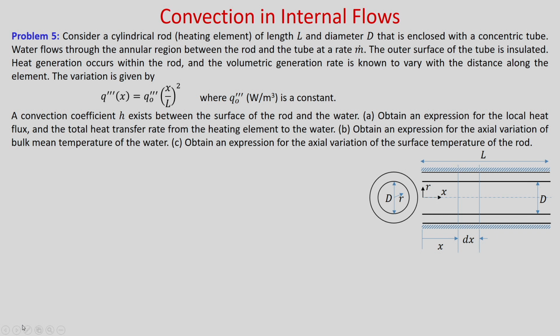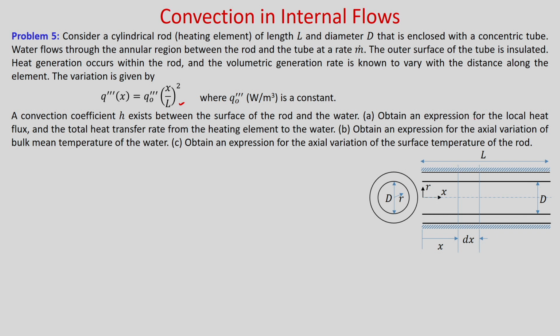Heat generation occurs within the rod and the volumetric generation rate is known to vary with distance along the element. The variation is given by this relation. Okay. So, Q triple prime is the heat generation rate per unit volume and Q naught triple prime is a constant. A convection coefficient H exists between the surface of the rod and the water.